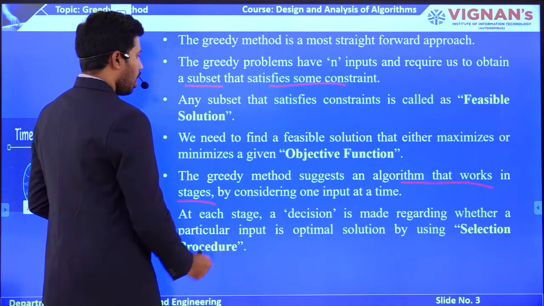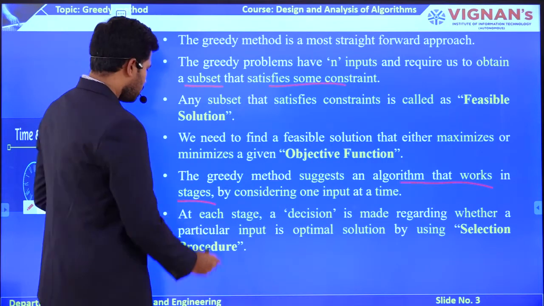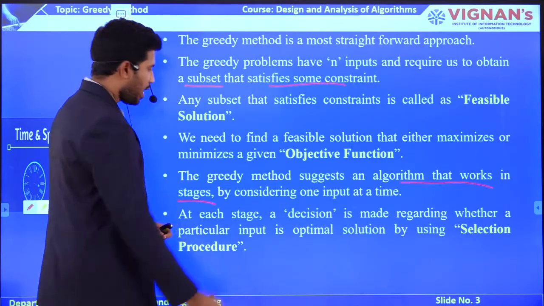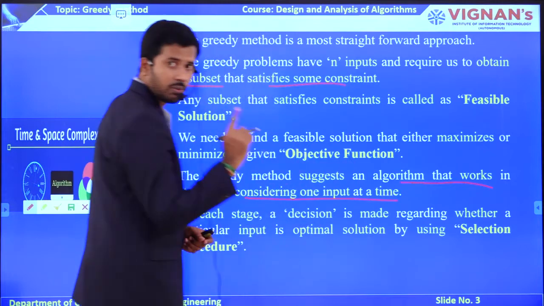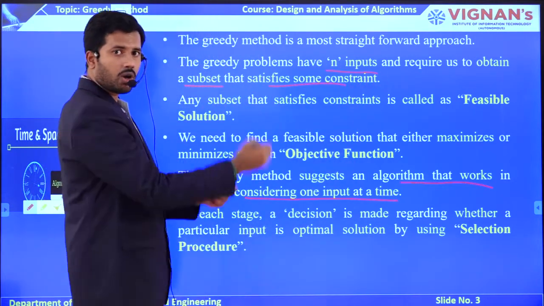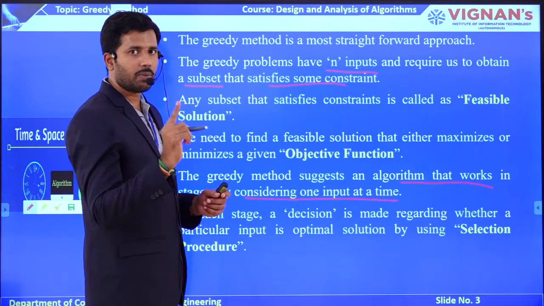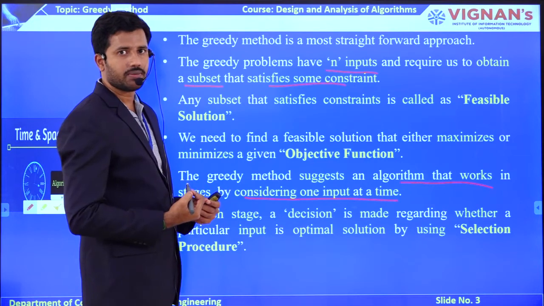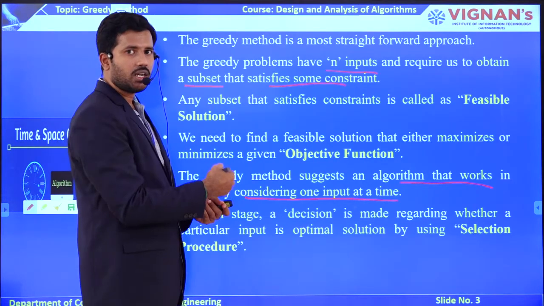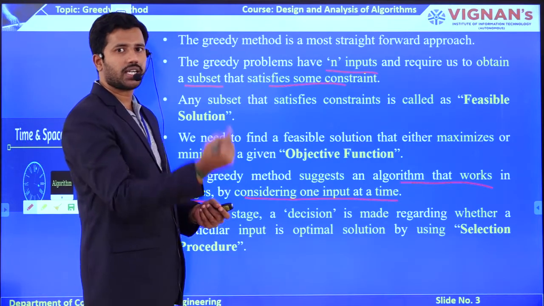So I require a greedy technique algorithm that works in stages, and I am considering only one input at a time. You have n number of inputs, and out of those n inputs, at a time we take only one possibility. Why? Because it does not have memorization capability. To understand this definition, you definitely need knowledge of the difference between the divide and conquer technique and greedy.